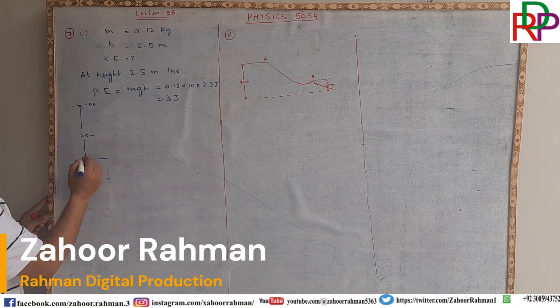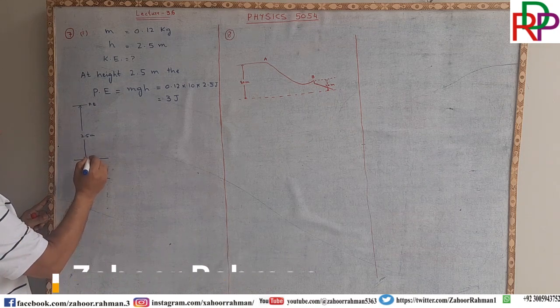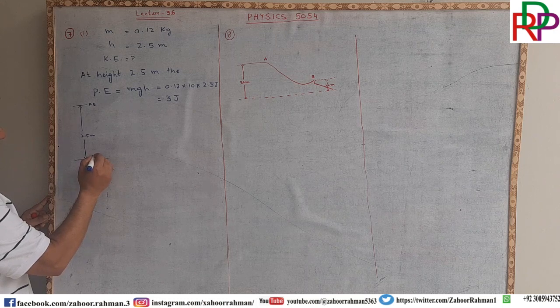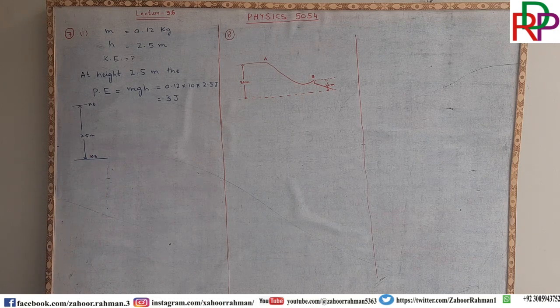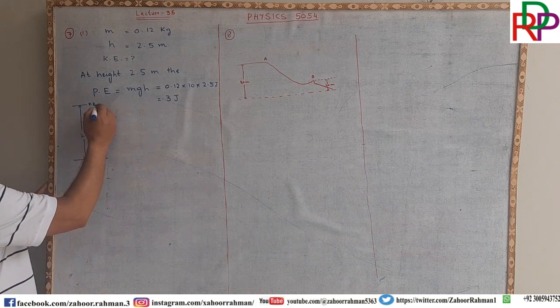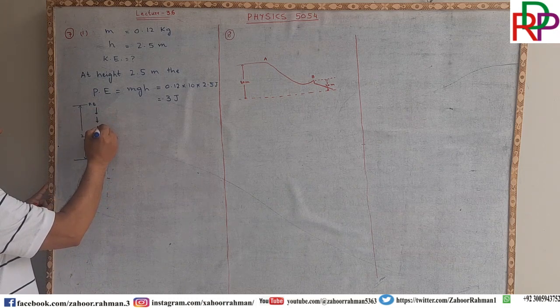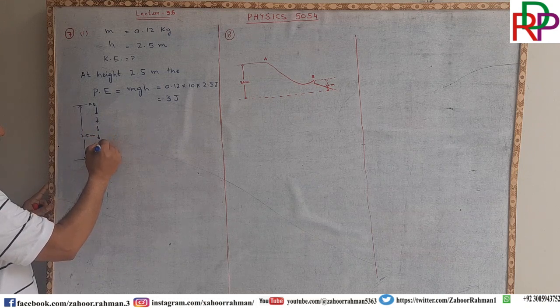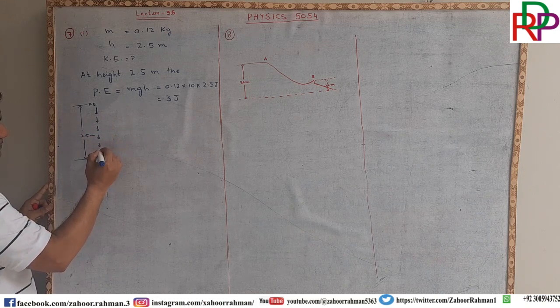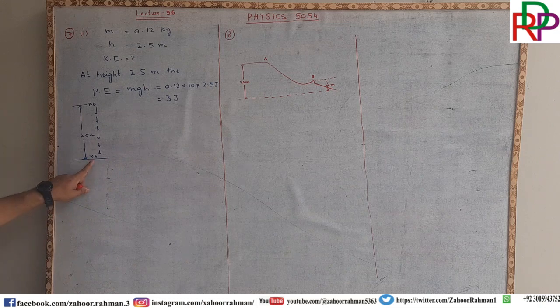Now the question is asking that find the kinetic energy before the impact point. So when this rubber ball is coming down, all that potential energy will be converted into kinetic energy. We studied that in the interconversion of energies video.